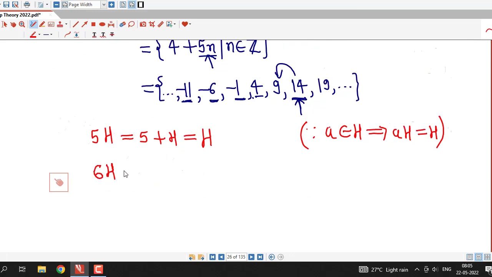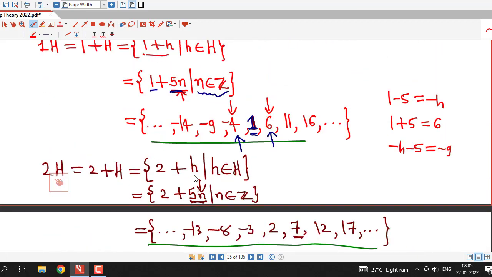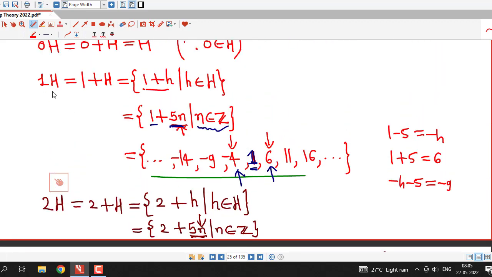Then the next element is 6h, 6 plus h, and we check whether 6 is present in any left coset or not. So 6 is present in this left coset. Because 6 is present in the left coset corresponding to 1, the left coset corresponding to 6 will be equal to the left coset corresponding to 1.